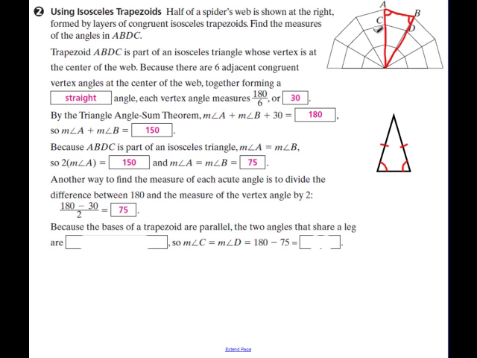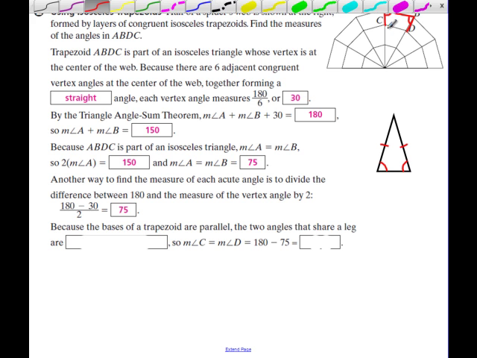Now, the other thing to bear in mind, because we still have to find C and D, right? We have to find these 2 angles in here. But if we can erase this a little bit and look at a different shape now, we can see that C and D make up 2 angles of this trapezoid.